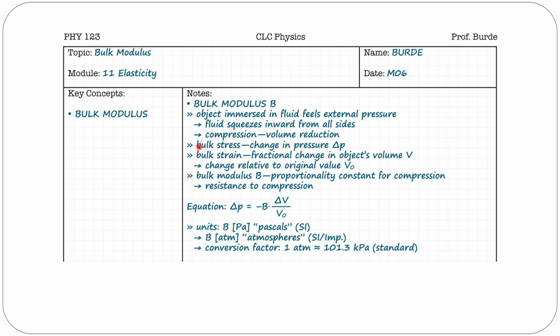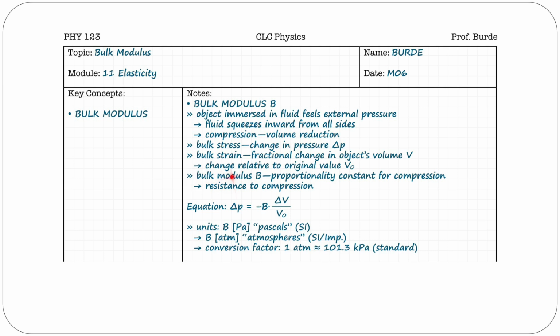And so the bulk stress, the stress on this large volume of material, is the change in pressure of the object. So the new pressure minus the old pressure. And that bulk stress results in a bulk strain, a fractional change in the object's volume. Whenever we talk about a fractional change, that is the change relative to the original value. That is the change divided by the original value is the fractional change.